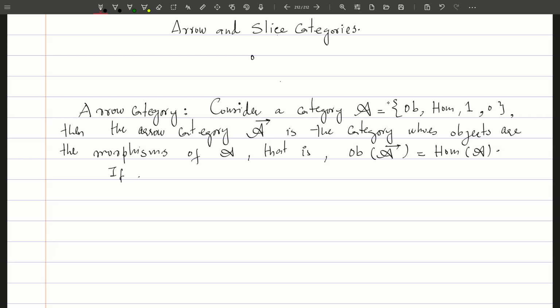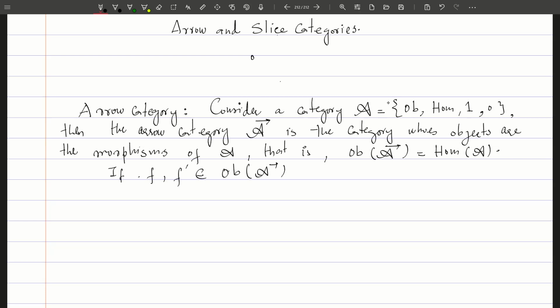So let us take two objects, say F and F prime. They are the new objects in the arrow category.